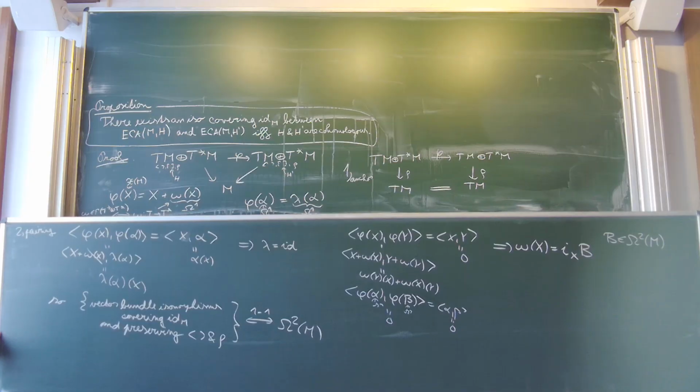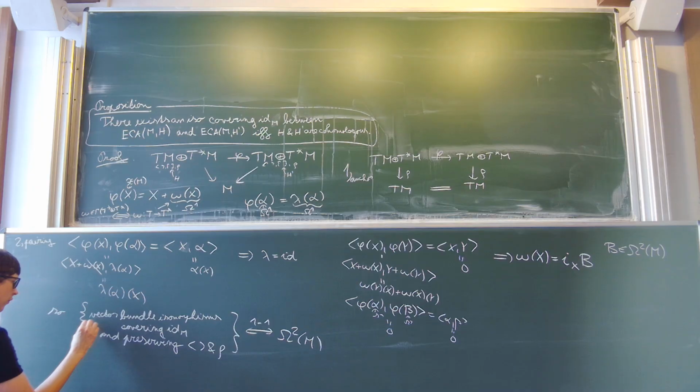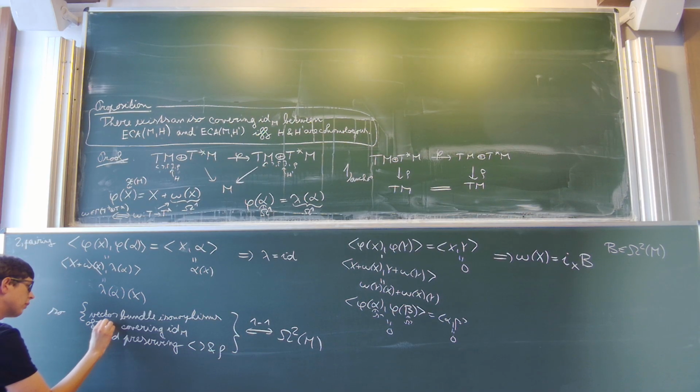Okay, so far this is just to say, we know, sorry, between vector bundle isomorphisms of T m plus T star m, which cover the identity of those things.